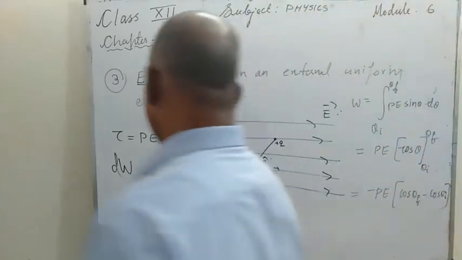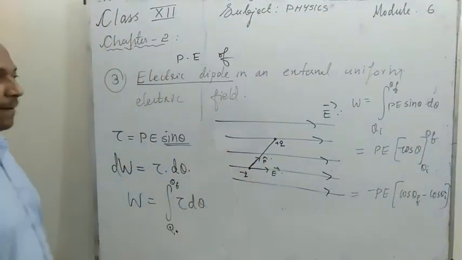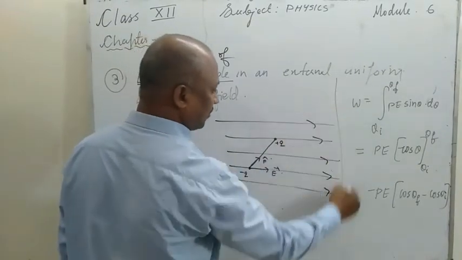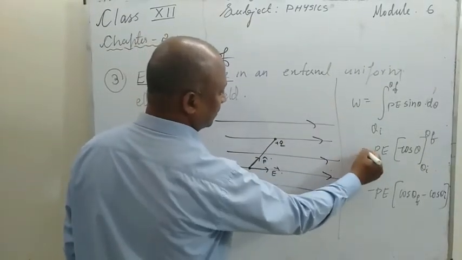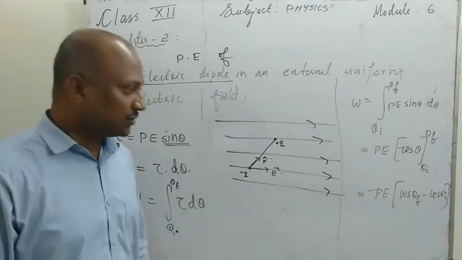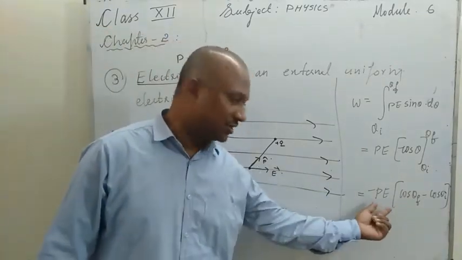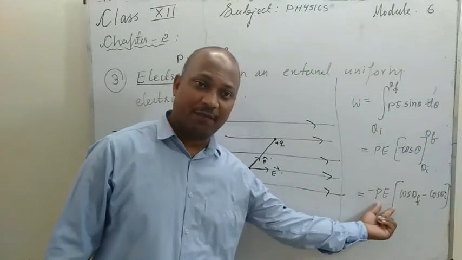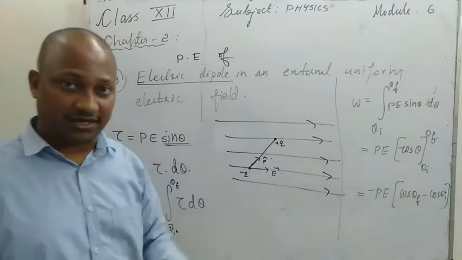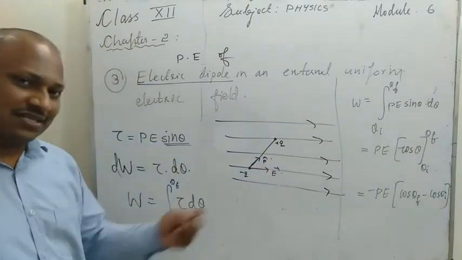So this work done, according to the work energy theorem, is always equal to the change in energy. So this is the change in energy: P cos theta F is the final energy, and P cos theta I is the initial energy.